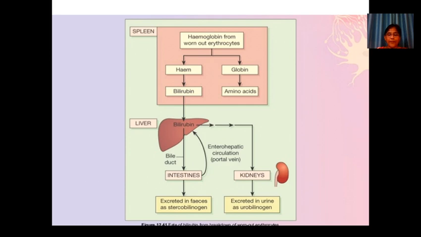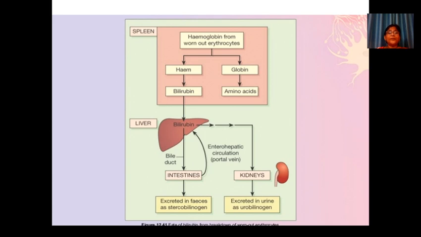See here, the spleen. Hemoglobin from worn-out erythrocytes is destroyed, so heme and globin are formed. From heme, bilirubin is formed and released.